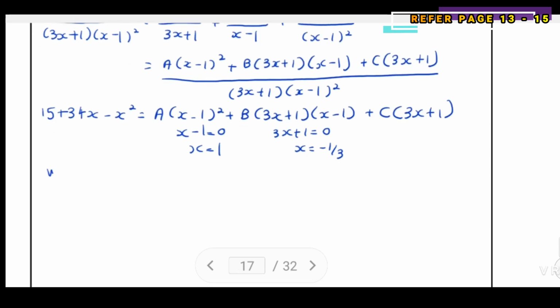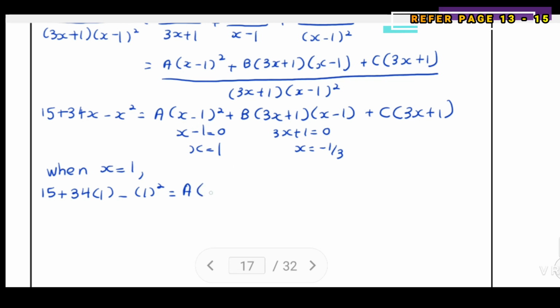When x equals 1, substitute into the equation.